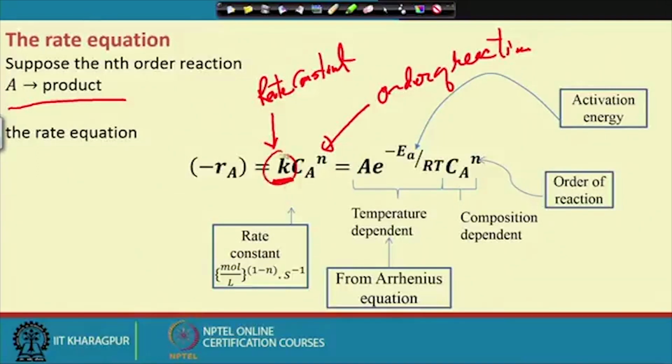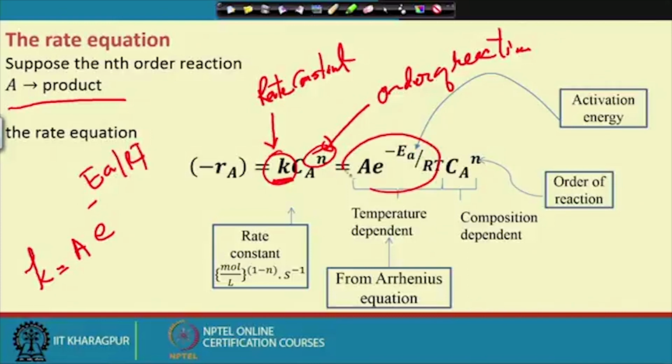So, these are the two constants that we have. Again, k depends on temperature, and that can be expressed by the Arrhenius equation, e to the power minus Ea by RT.